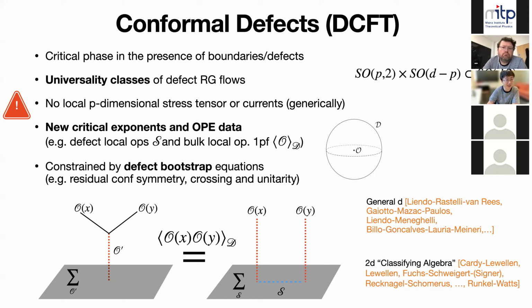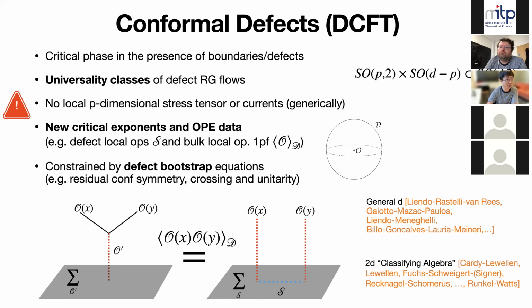Importantly, these defects are distinct from a local quantum field theory of the same space-time dimension because in general there's no local p-dimensional stress tensor on the defect worldvolume. On the other hand, they give rise to various new conformal theory data, including new critical exponents coming from defect local operators on the defect worldvolume, and the various defect one-point functions and two-point functions that involve bulk operators as well as defect operators.